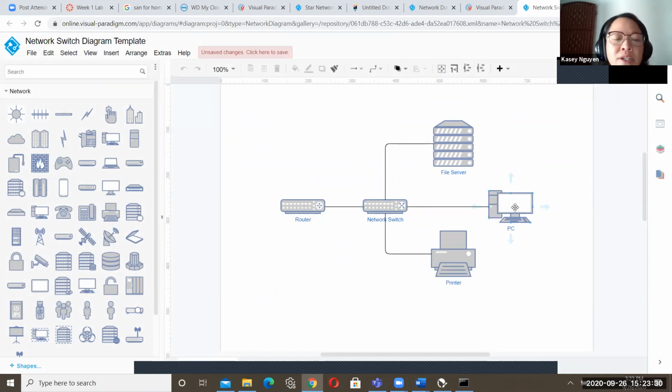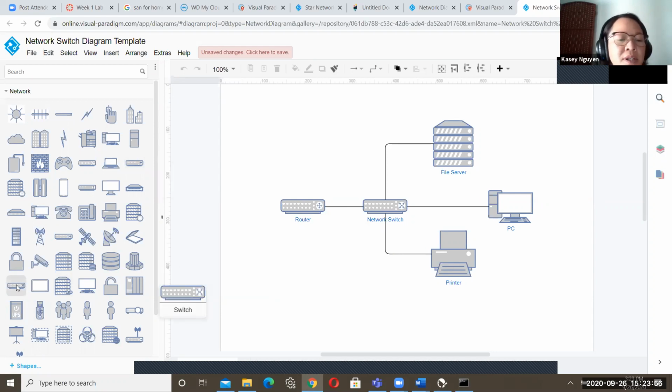So all you need to do is add another switch and connect that switch to the router. If you're not sure, put your cursor onto the device. The load balancer here, its job is to distribute and control the traffic balance going into the network and such.